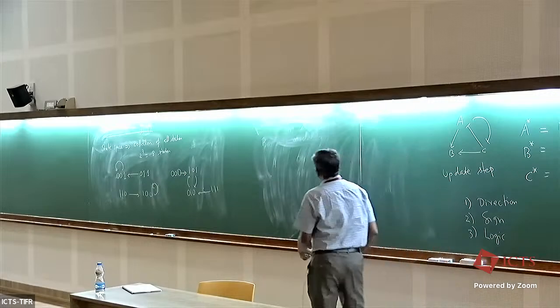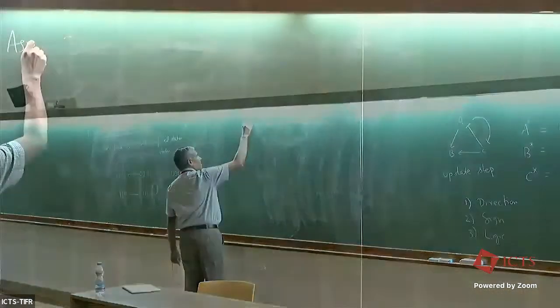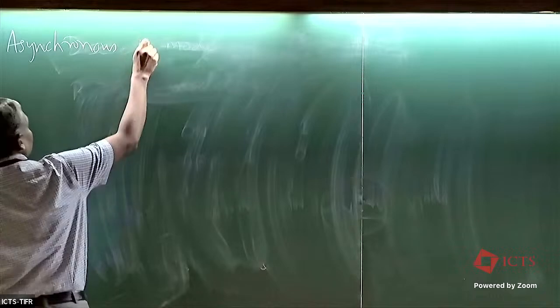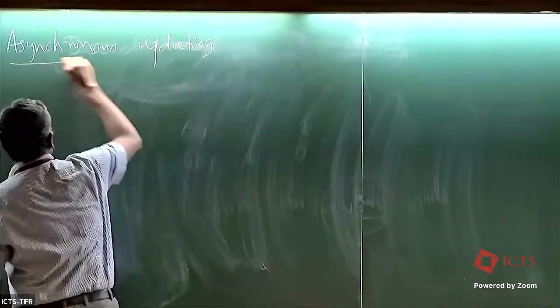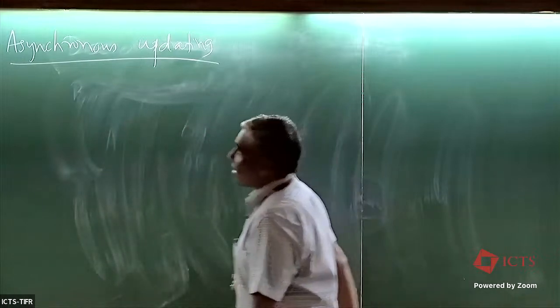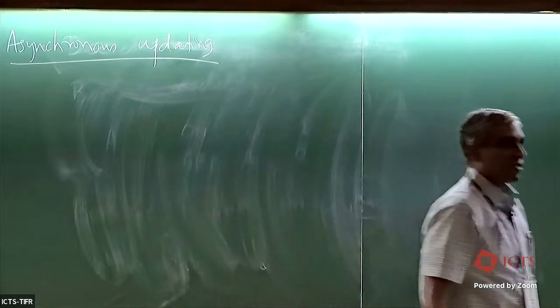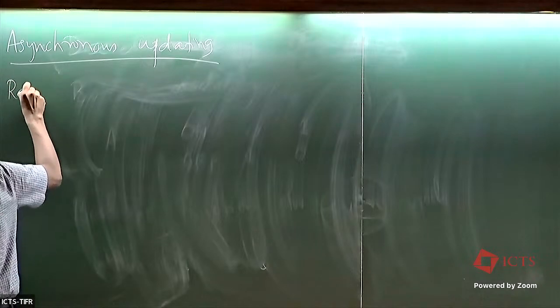So with this, we move on to the next aspect, which is basically the asynchronous updating. Now, there are multiple types of asynchronous updating approach, and I'm specifically going to describe one generalized method, which is called the random order asynchronous.